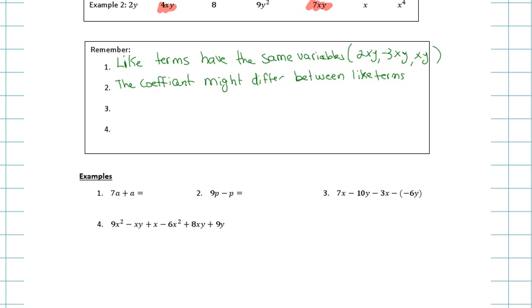Give me two like terms that have different coefficients. 8y squared. Give me another one. They have to be like terms, different coefficients. 9y squared. Okay. They're like terms because they have the same variable, but the coefficient is different. Remember that the coefficient is the number in front of the letter. Are we okay with this?